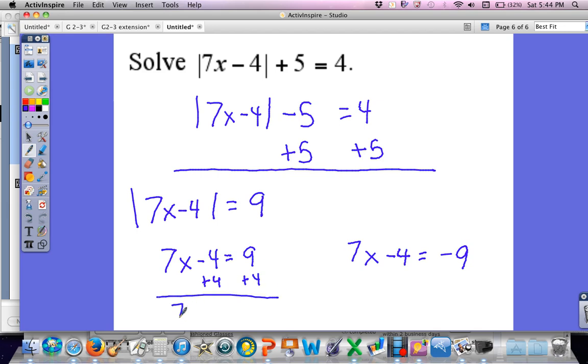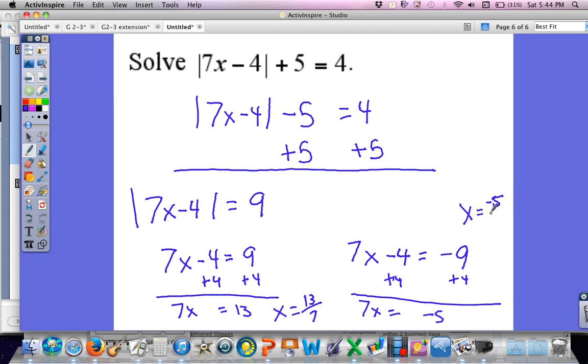And when I do this problem, just going through this quickly, 7x equals 13, so on this one, x equals 13 over 7. Add 4 to both sides here. 7x equals negative 5, so x equals negative 5 over 7.